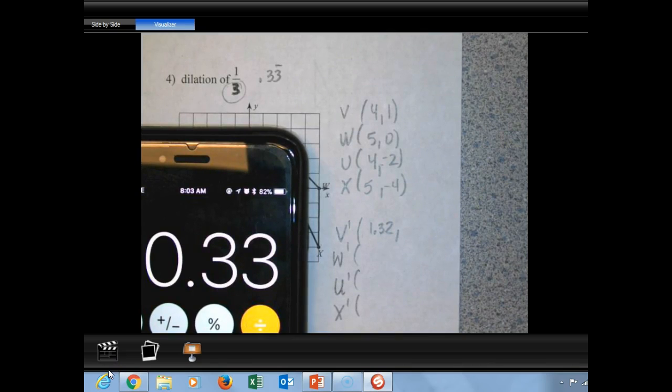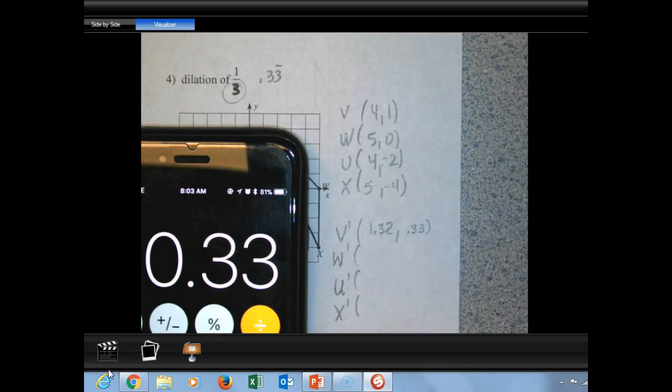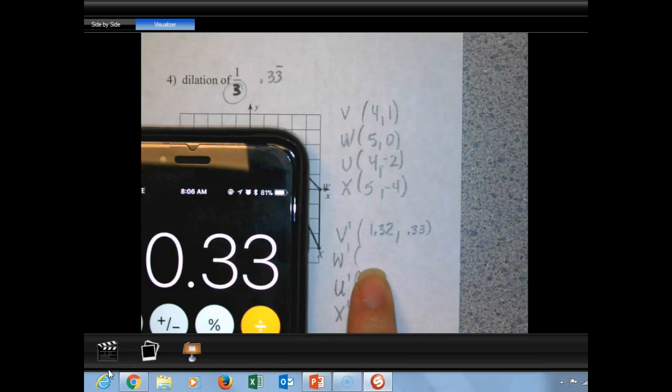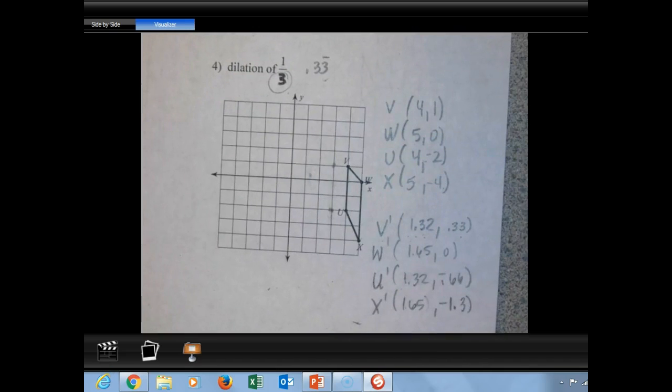What do we get? 0.33. All right. So go ahead, if you have a calculator, you should take it out. If you don't, you might want to go ahead and do this multiplication. No. Check your numbers again. I'll wait.